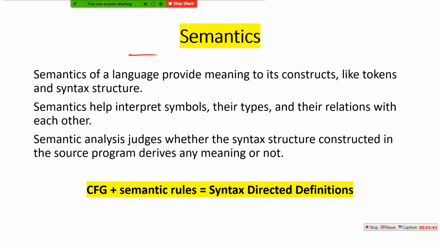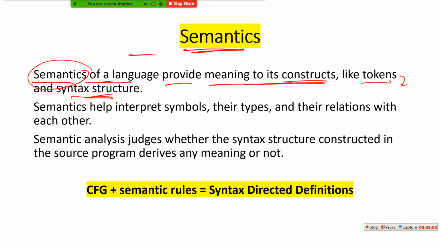Now let us talk about the terminology of semantics, that is, what is semantics, right? In terms of definition, the semantics of a language provides meaning to its constructs like tokens and syntax structures, right?